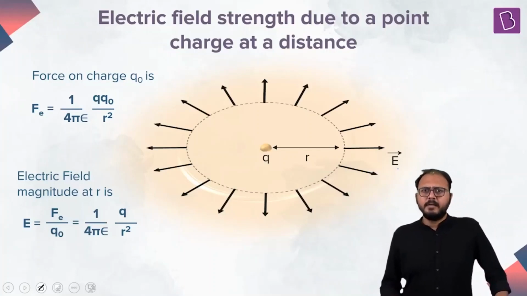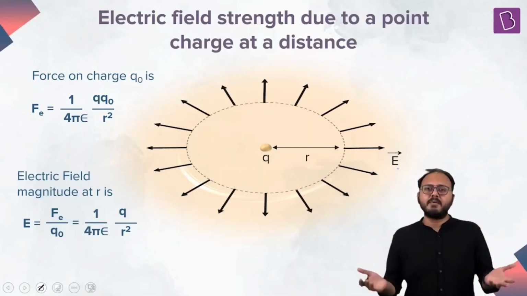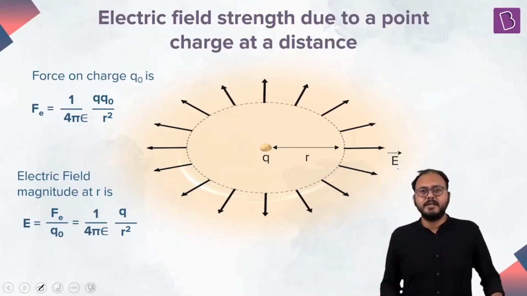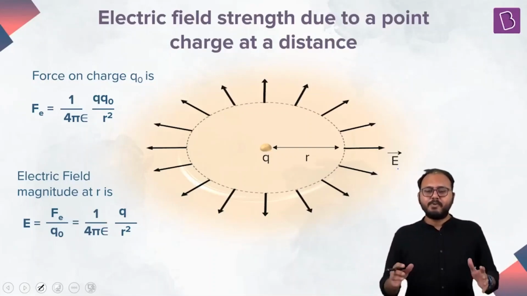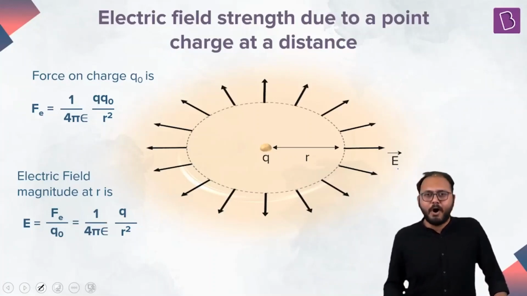Agreed? Is this field produced by point charge Q a uniform field or non-uniform field? Well, look at the beautifully symmetric diagram of a circle or a sphere actually. If I'm able to draw a beautiful uniform diagram and the field value is same at every single point, the field is uniform. Wrong.